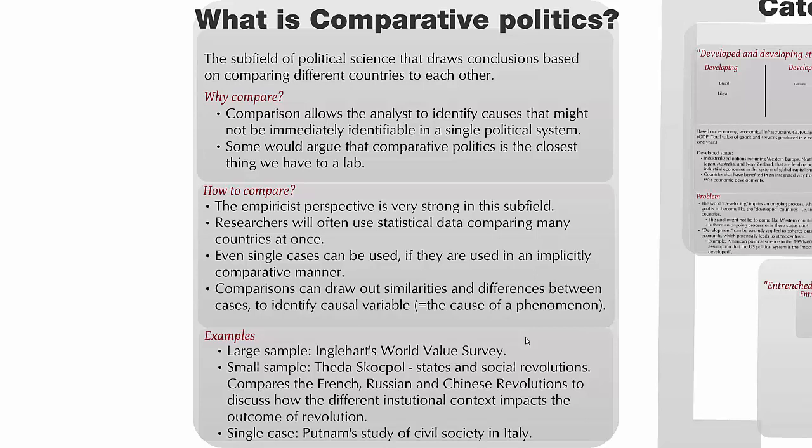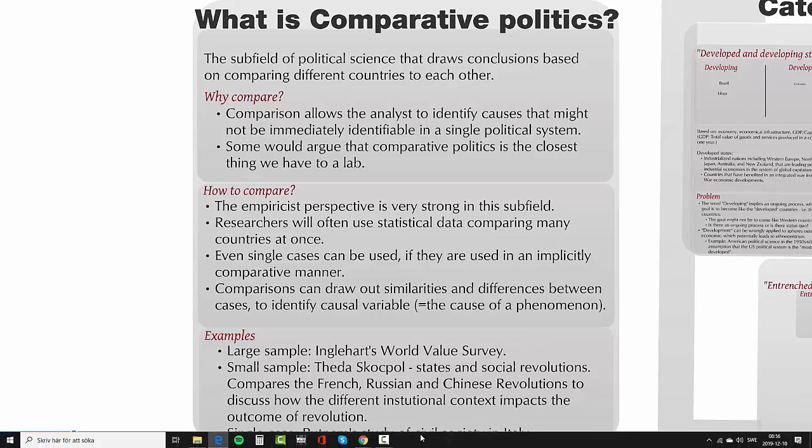And then we can talk about single case, in this case a single country, Putnam's study of civil society in Italy, where Putnam is essentially comparing the north of Italy to the south of Italy. So Italy is the constant, and then Putnam is trying to discern why the civil society has developed differently in different parts of this country.